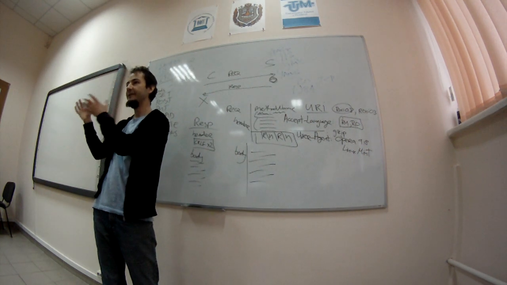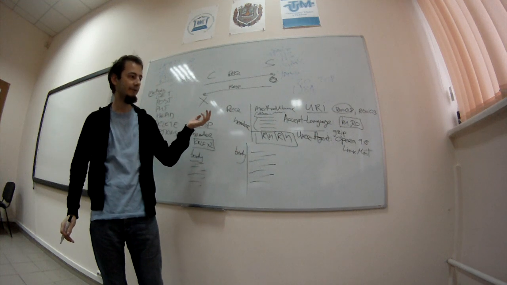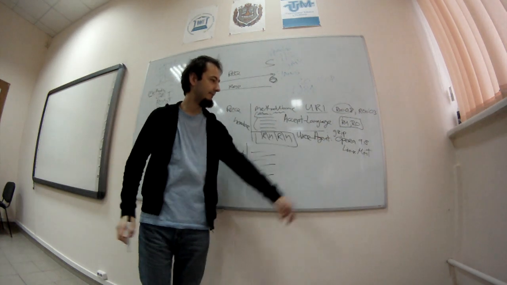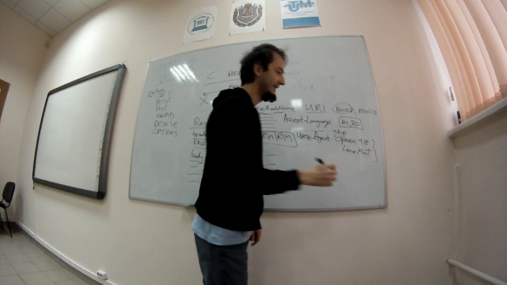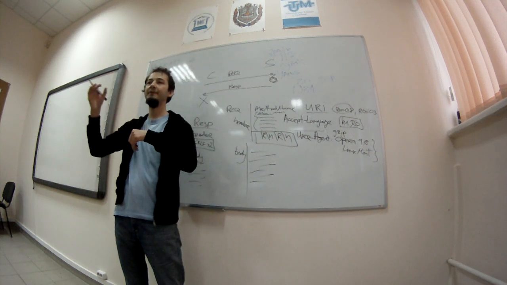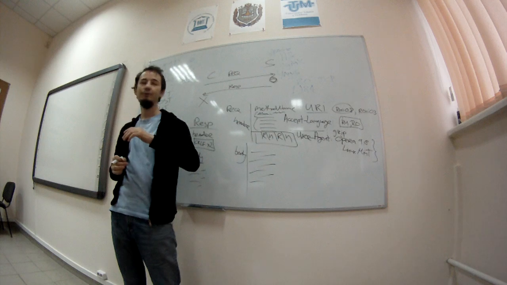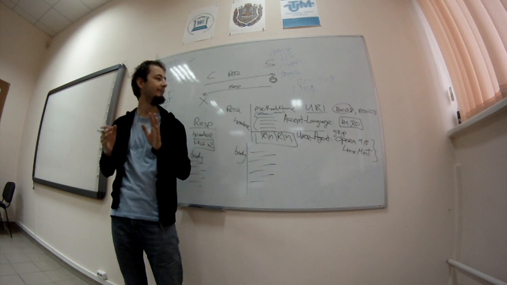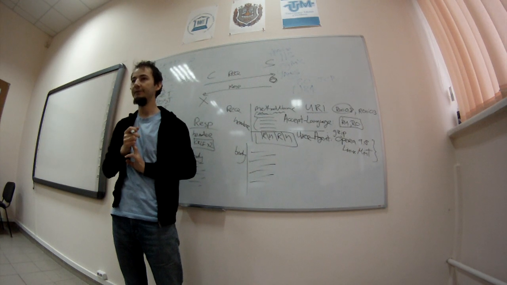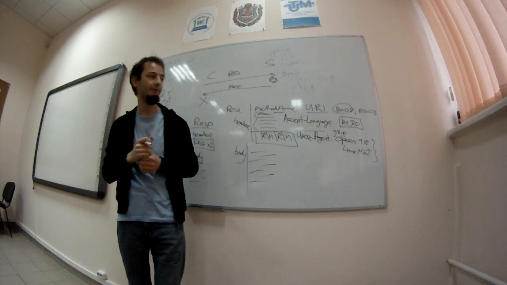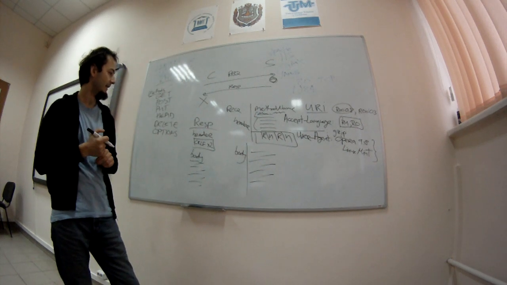So the web server receives this request. If it wants to, it could take this information and put it in some database such that at the end of the month, you could look at some nice shiny statistics saying what are the most used browsers by your readers, of your website, and so on.